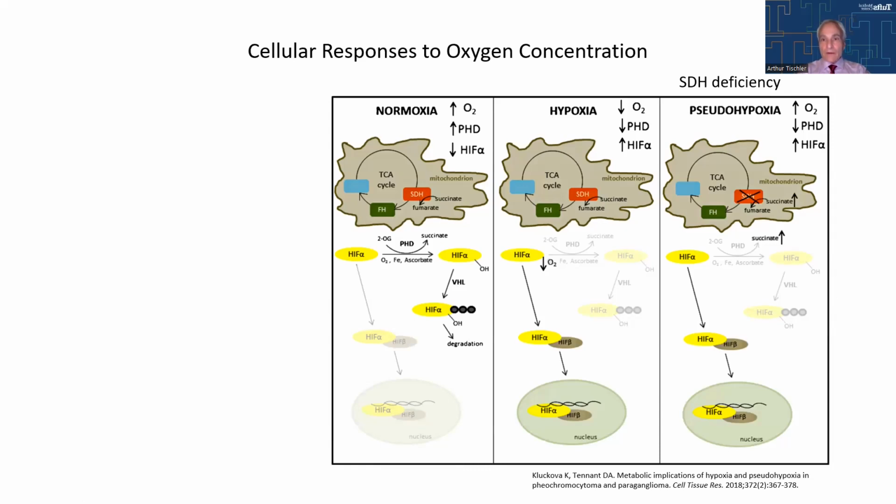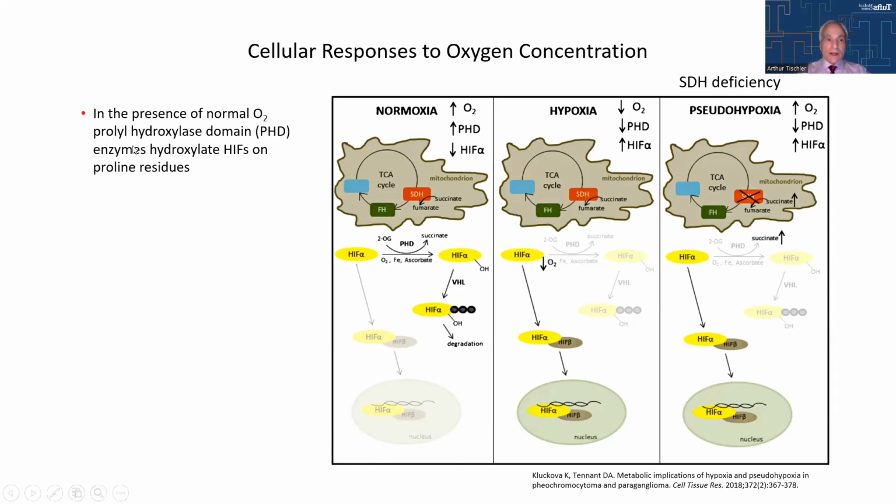by looking at how cells regulate responses to oxygen. So in a normal cell, in the presence of normal O2 concentration, enzymes that are called prolyl hydroxylase domain enzymes, or PHD enzymes, hydroxylate hypoxia-inducible transcription factors such as HIF2A or HIF1 on prolyl domains.